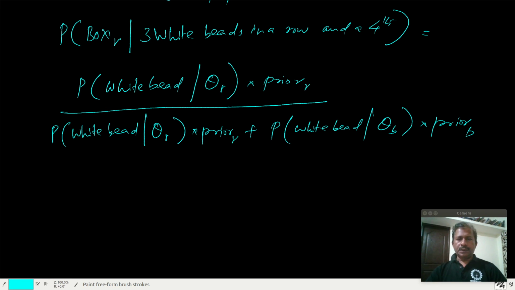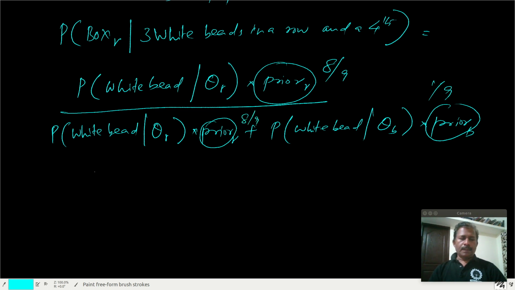So these values we have already computed. The prior for red is 8 over 9, and for blue it is 1 over 9.